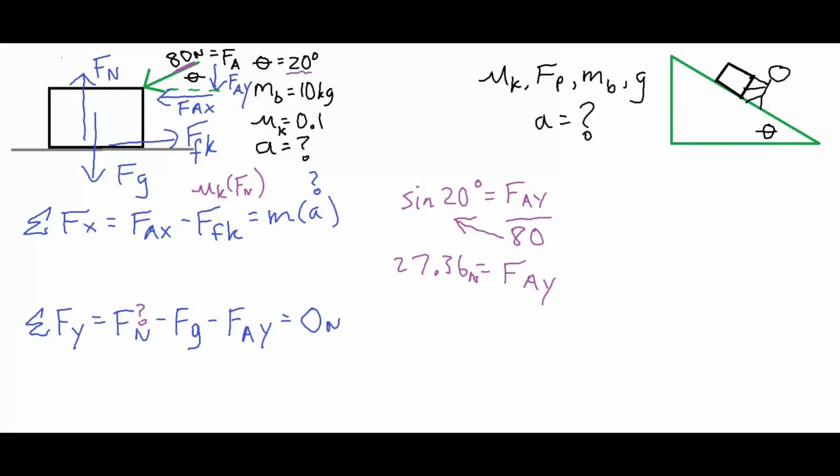Similarly, for my x, I want the adjacent side to my theta. That one I'm going to use cosine of 20 degrees, and that's equal to my FAX over the hypotenuse as well. I know the hypotenuse is that 80 newton force that they originally gave me. Same thing, multiply both sides by 80. 80 times cosine of 20 is going to give me 75.18 newtons.